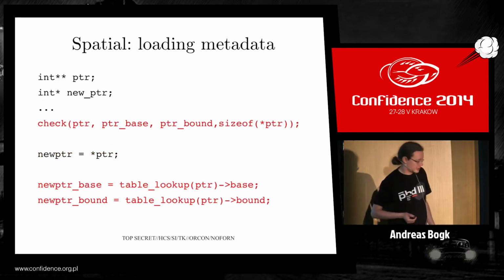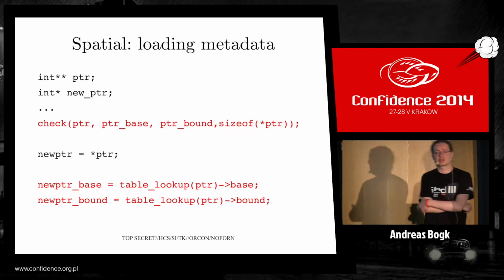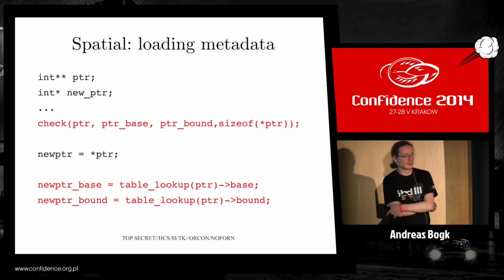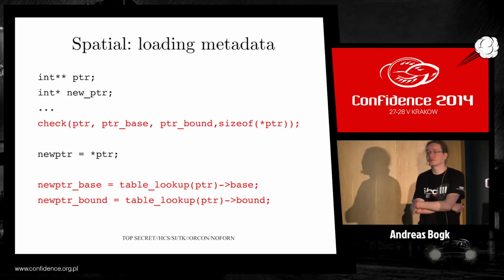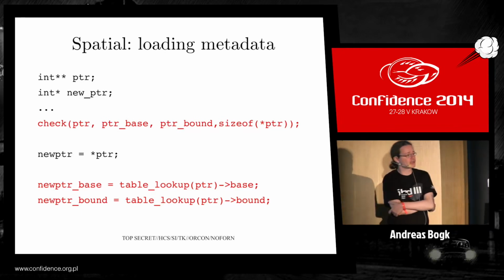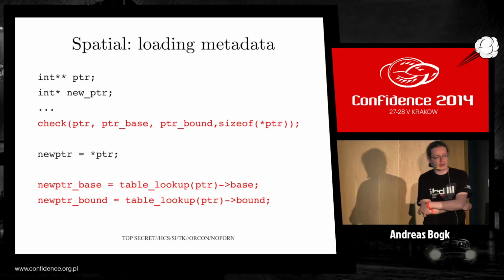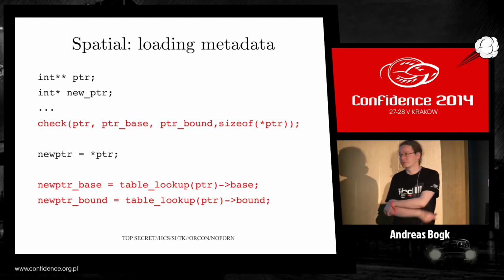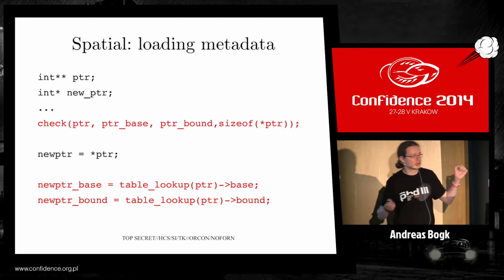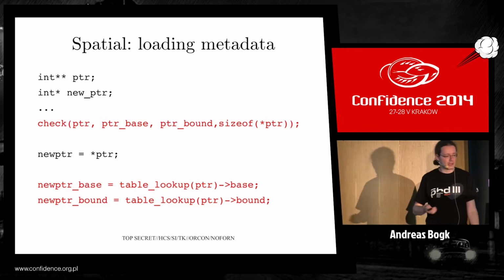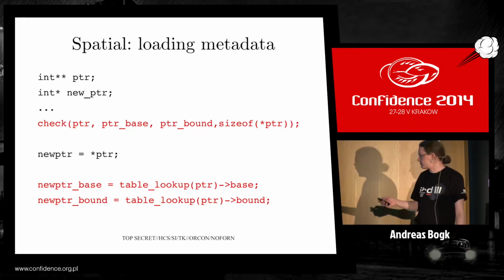Storing and loading pointers is a tricky thing because we have that base and bound metadata. So far, we have just passed it around as extra variables, as phantom variables inside the function. But sometimes we load a pointer from memory. And as I said, memory layout doesn't change. So we need to get our base and our bound value from somewhere.